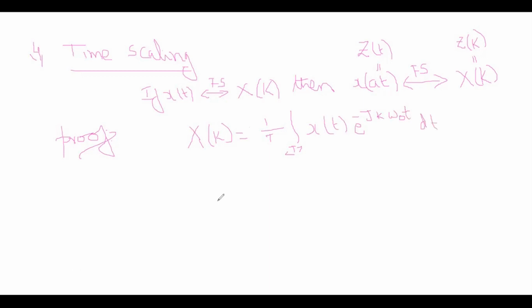Okay, my dear students. Now I am replacing the x of t. Here it is not x, because you might get a little confusion, I am taking only z. So z of k is equal to 1 by T integral over T of z of t, and z of t is x of at.